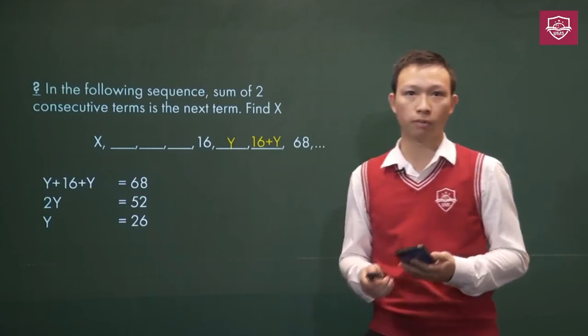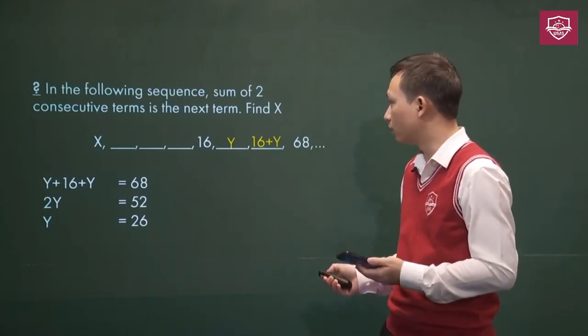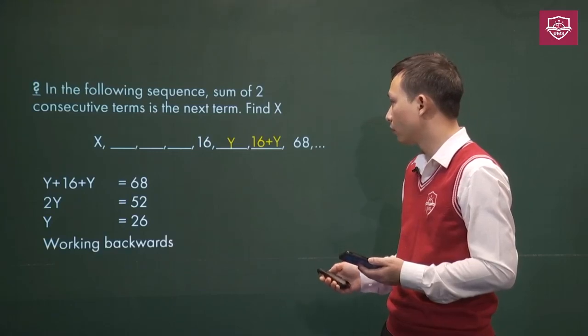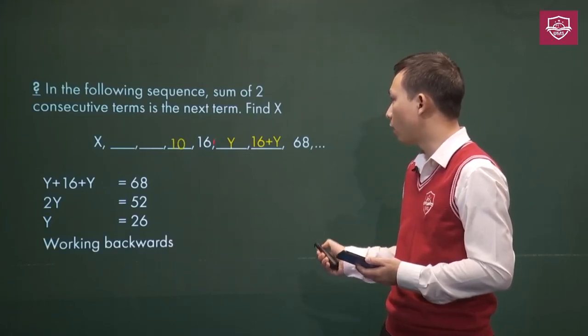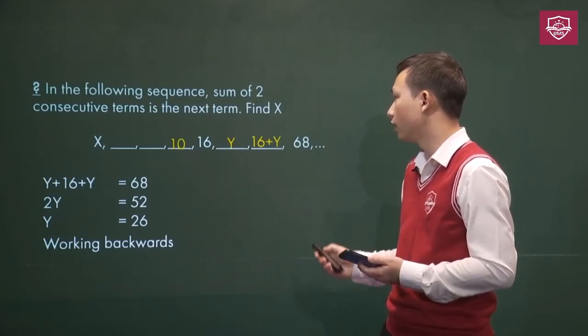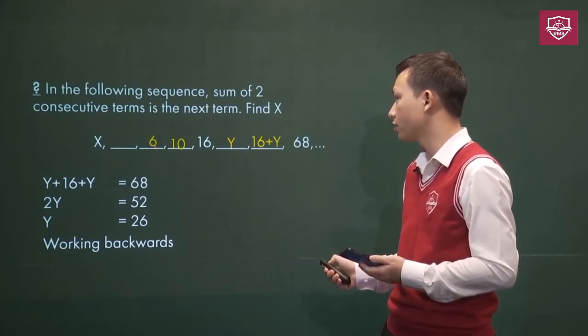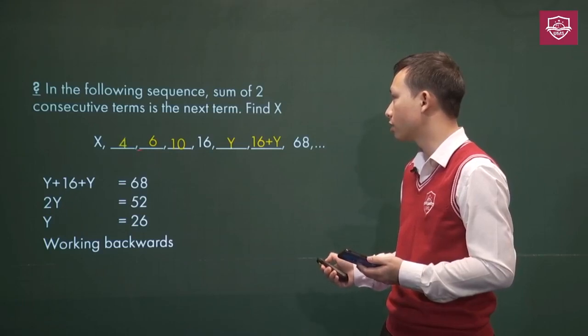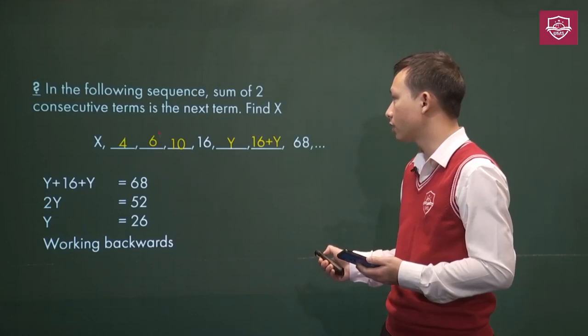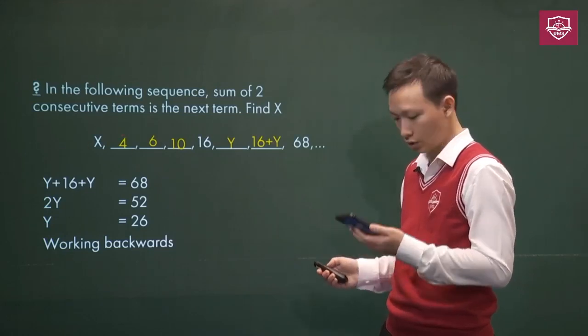And now, by working backwards, we'll step by step find the value of x. We have y equal to 26, and then this number must be 10, and so on. This number is 6, this number is 4, and finally this number is 6 minus 4 equals 2.